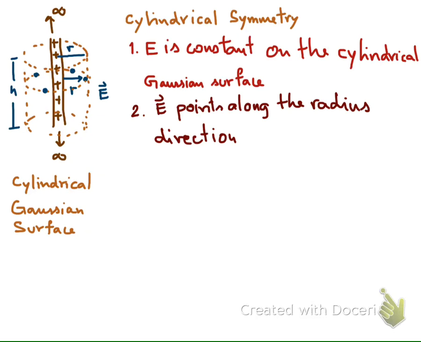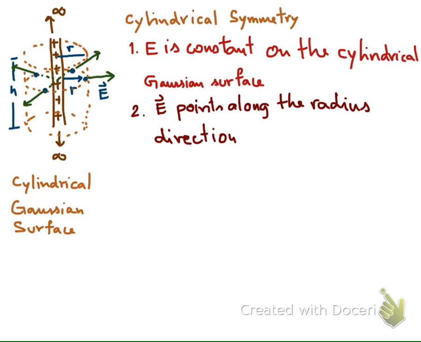Okay. It means that if we look at the direction of the electric field, in this case it points outward because the charge is positive, but if the charge is negative, it will point inward. But in this case the charge is positive, so it points outward. But inward or outward, it will point in the radial direction.